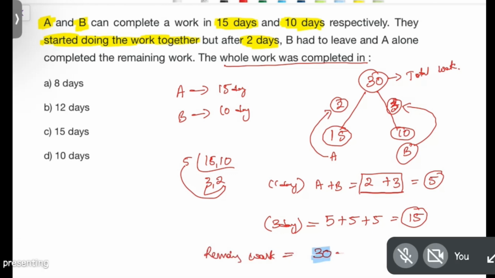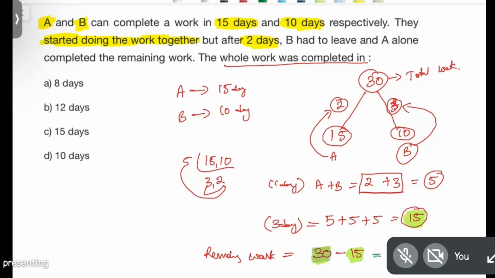In 3 days they have done 15 pieces of work out of 30, so the remaining will be 30 minus 15, which means there are 15 more works to be done.